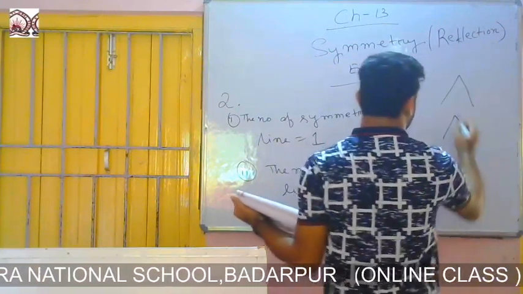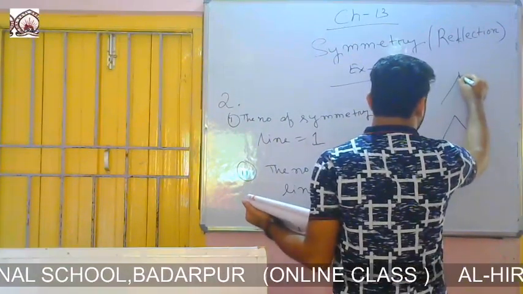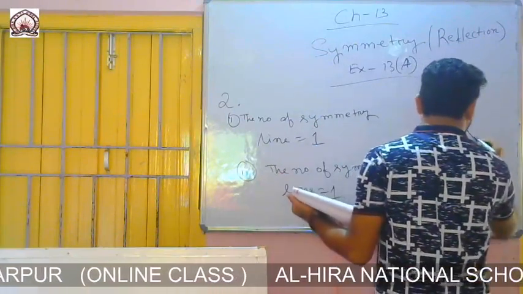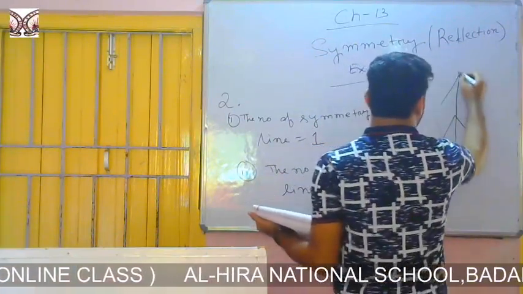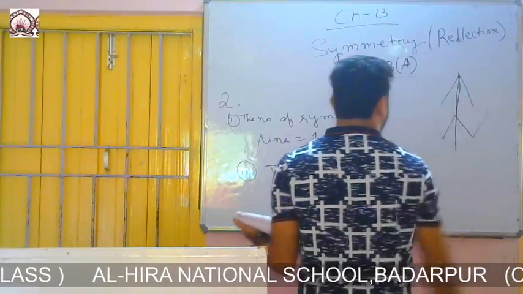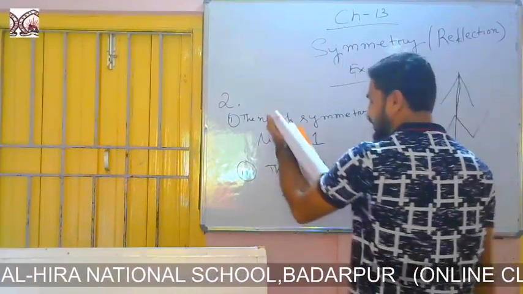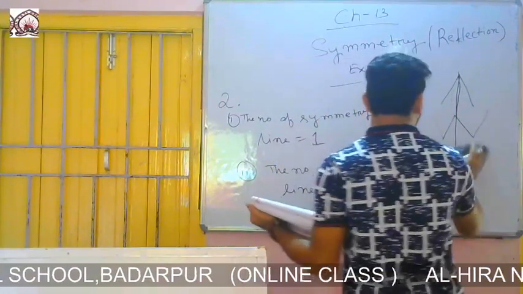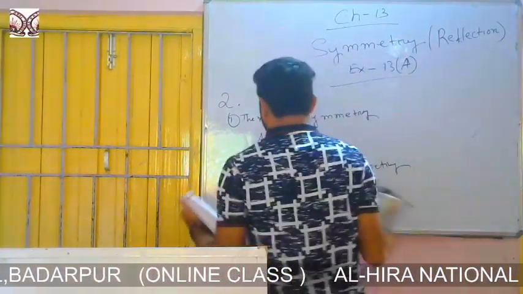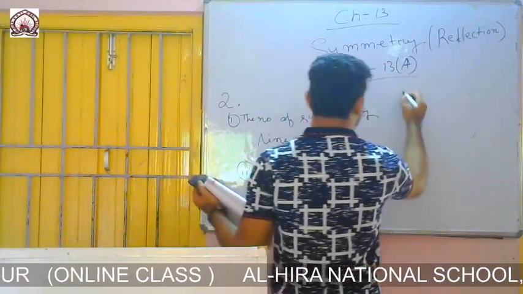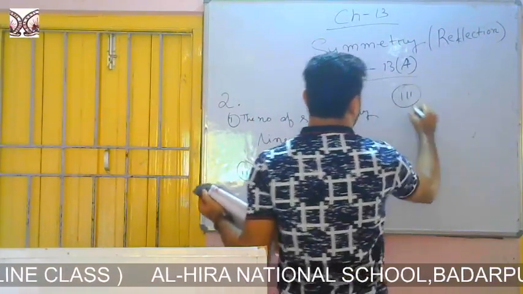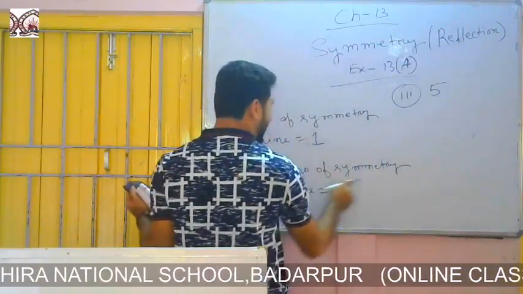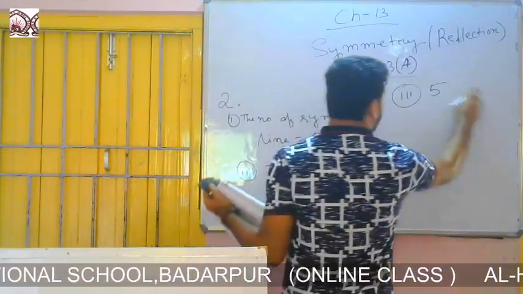Then you just join this one with that part, you will get a part like this. So you can draw in this figure 5 lines of symmetry. So for 3 you write the number of symmetry lines equals 5.